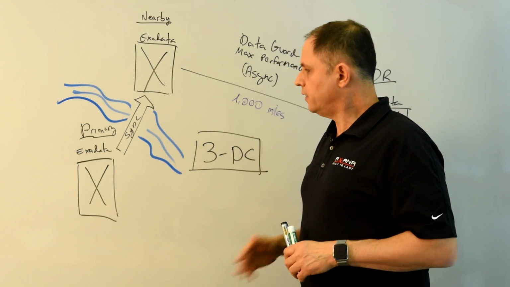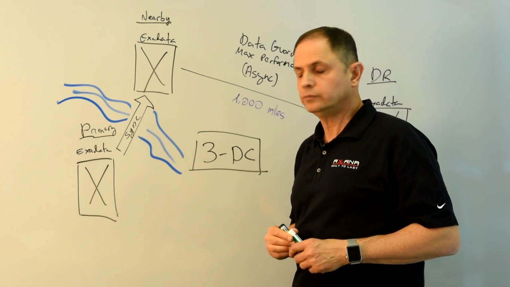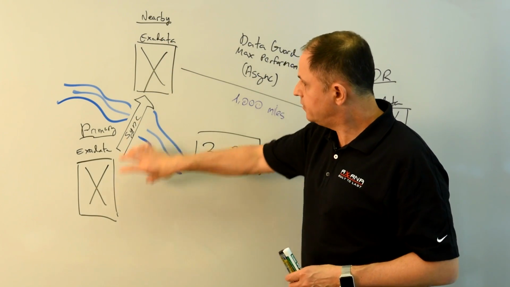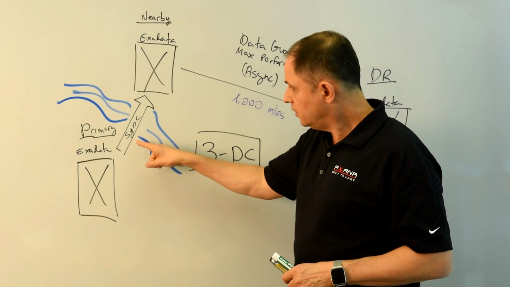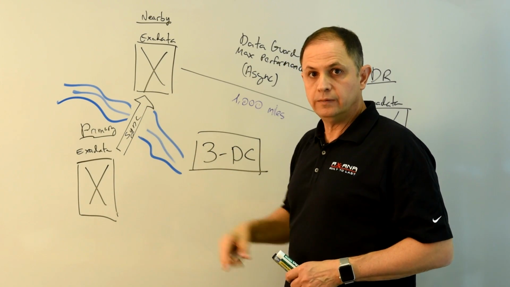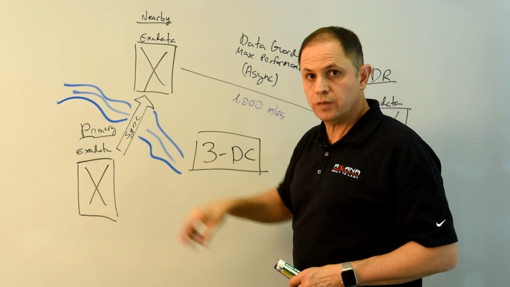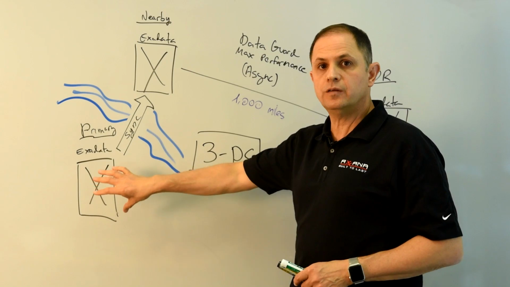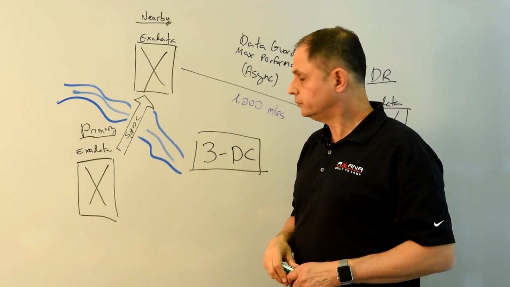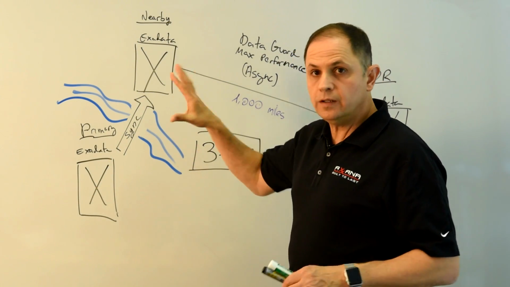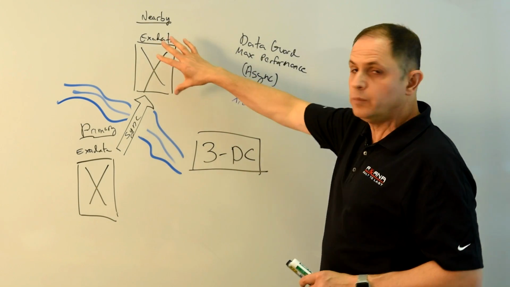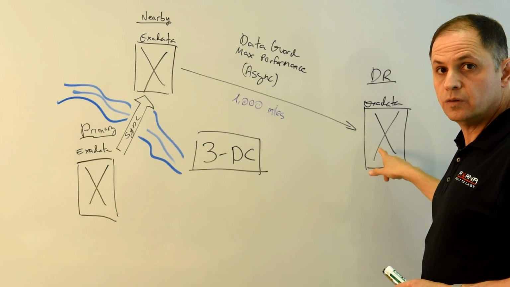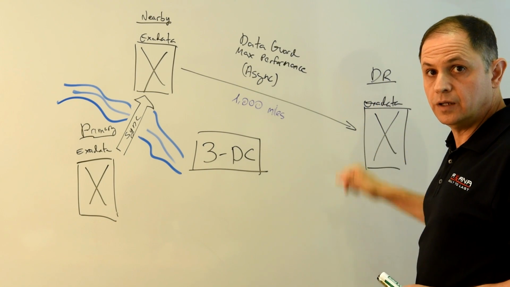In a 3 data center scenario, you have the primary data center and a nearby data center, which is located at a synchronous distance and uses a very costly fiber line, a very high bandwidth line, in order to synchronously replicate between the primary data center and the nearby data center. A 3 data center topology means that the nearby data center will then replicate asynchronously into the remote standby data center.